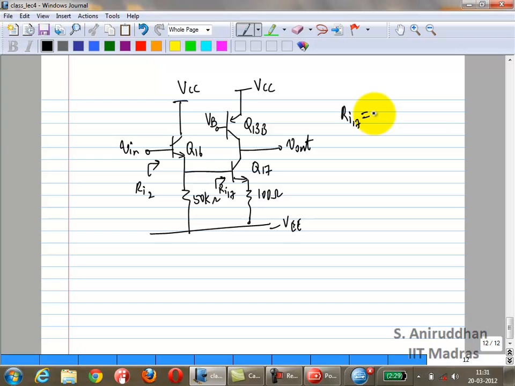Louder, sorry. GM17, okay. RO17 into 100 ohm. R pi 17. So you're taking GM17 into R pi 17 into, is that right? What is GM17 into R pi 17?